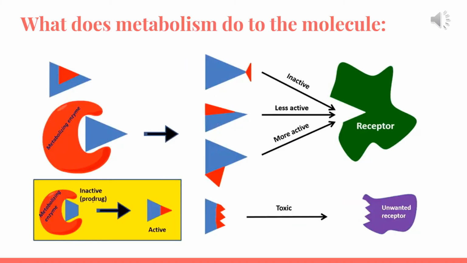As can be seen here, metabolism can lead to inactive, less active, or more active products. Drug metabolism allows the body to terminate the action of some drugs by transforming them into pharmacologically inactive products. However, some inactive drugs, called prodrugs, require biotransformation to become pharmacologically active drugs and exert biological activity.